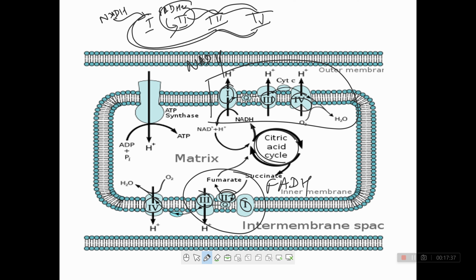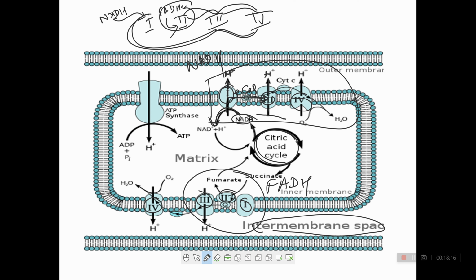The NADH that is released goes inside complex 1. After going inside complex 1, a proton is released into the intermembrane space of the mitochondria. Then the electron passes to another complex via a carrier, CoQ, which transfers the electron to complex 3.